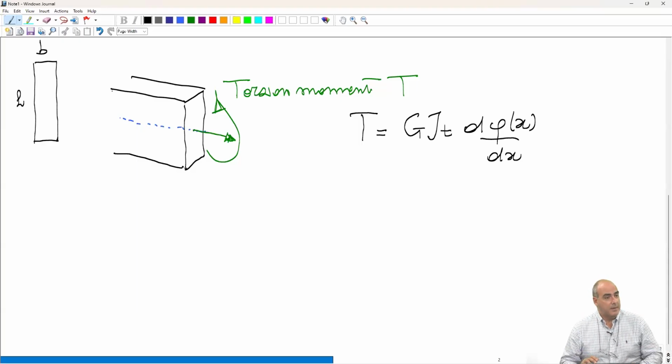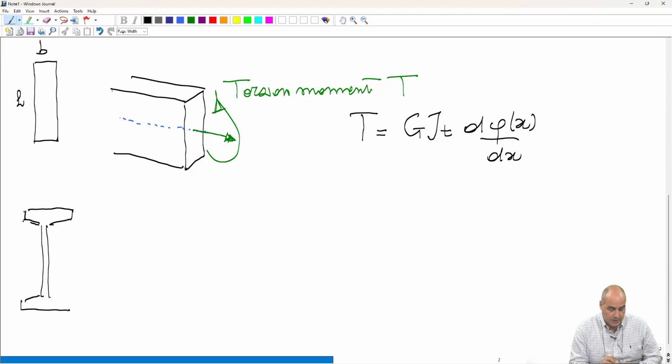Okay? But as a matter of fact, in precast beams, you might have a cross-section like this. It's not a rectangle. Cross-section of precast beams can be like this, which are very similar.